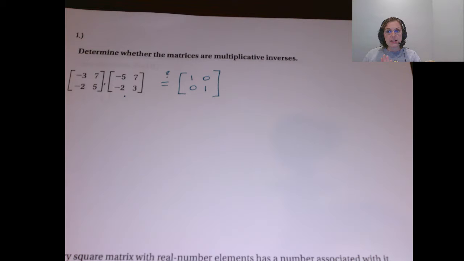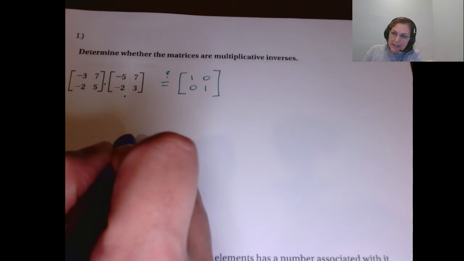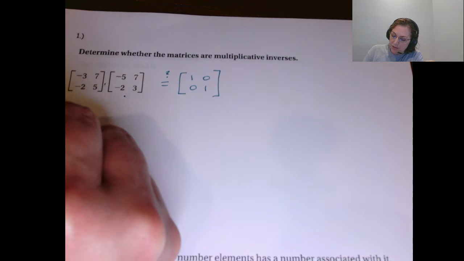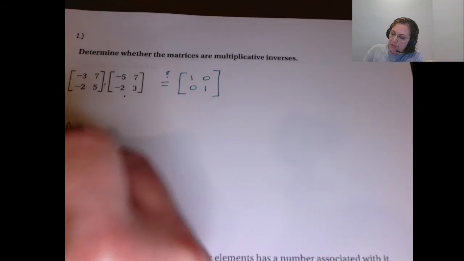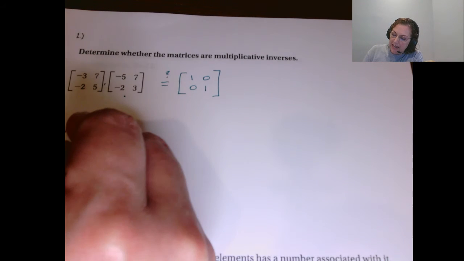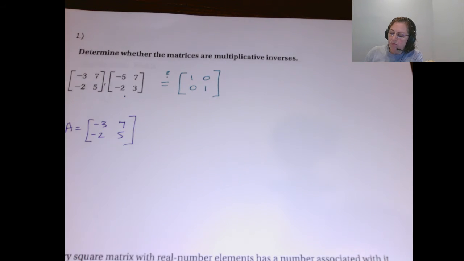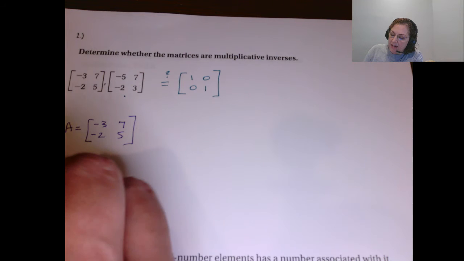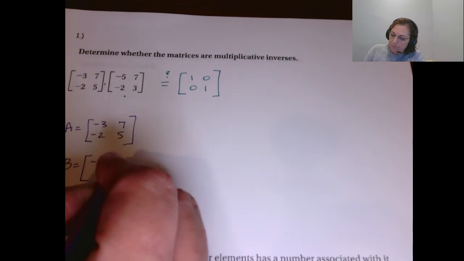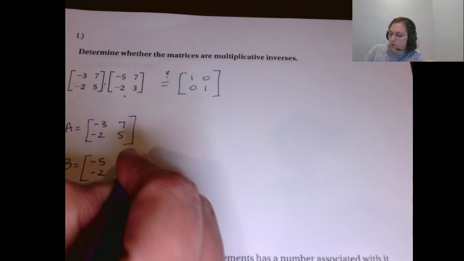Okay, so let's set ourselves up to go to the Desmos matrix calculator. When I get there, I'm going to have to give these matrices names. So I'm going to create a matrix A, and I'm going to make it that first matrix you see. And then I'm going to have matrix B, and it'll be the second matrix you see.